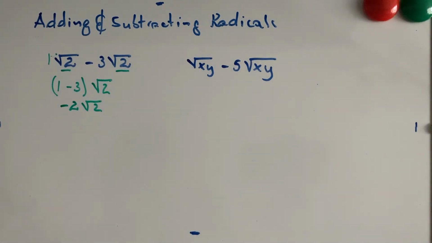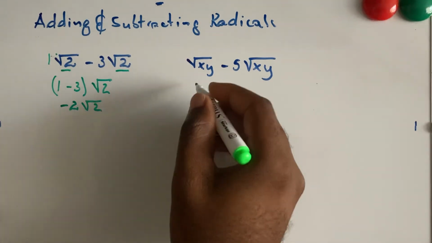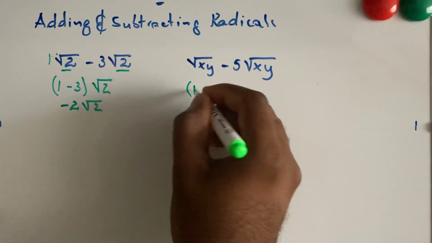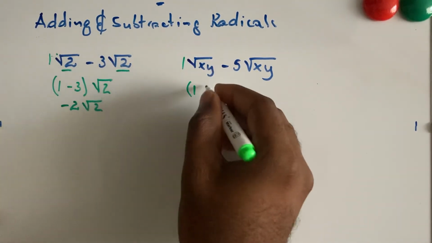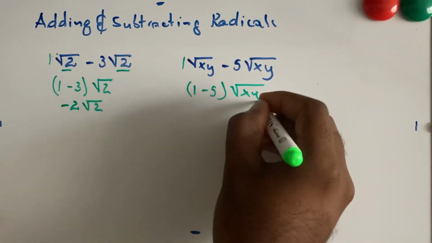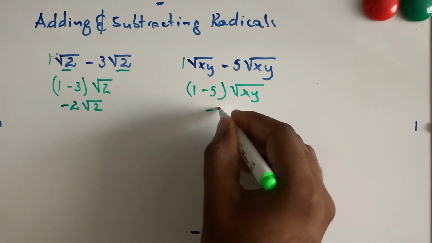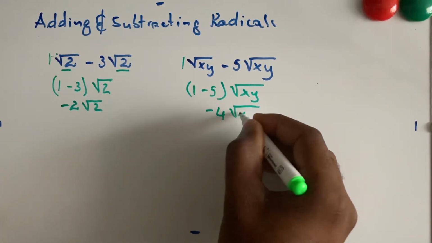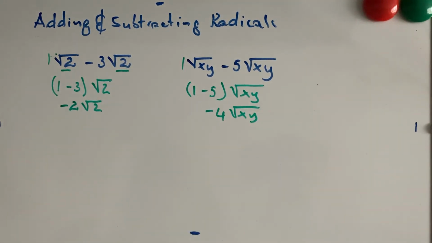All you have to do is put the 1 here, because there's a 1 here, minus 5, and square root of xy. That's all. Negative 4 square root of xy. So you combine like terms. This is all you have to do. Combine like terms.